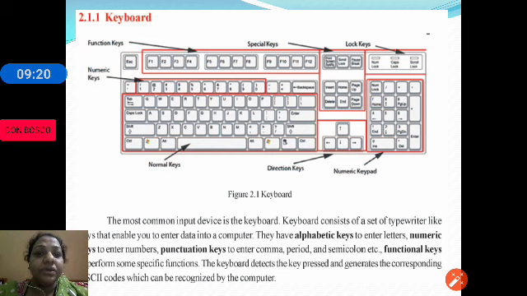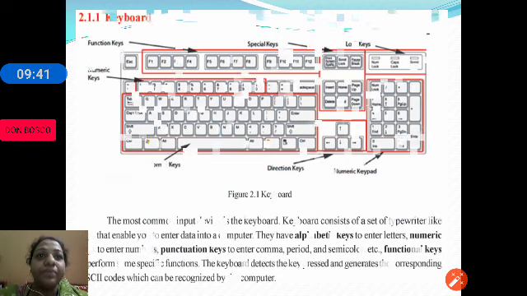They also include some punctuation keys such as dot, comma, colon, semicolon. To perform specific operations such as saving a file, opening a file, exit, we are using special keys called function keys. So this is about the keyboard.